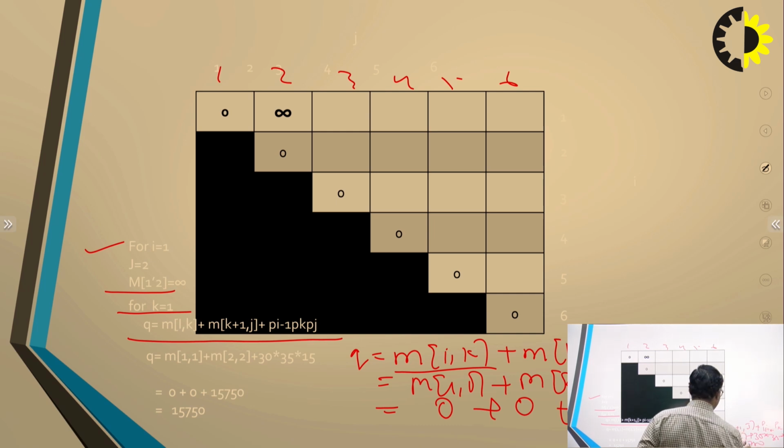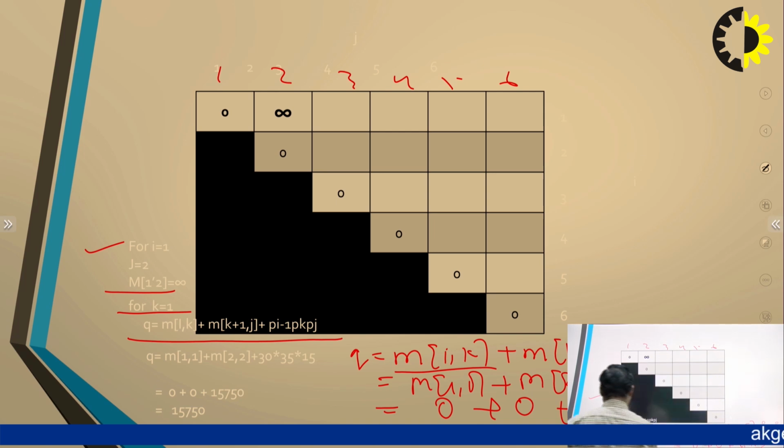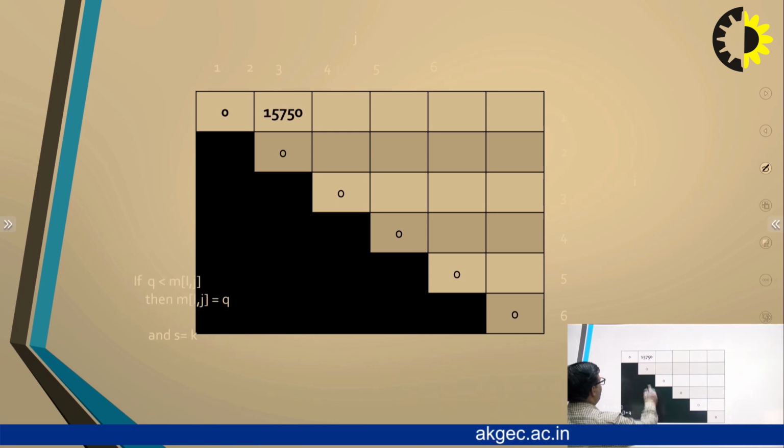If we compare 15750 with infinity, then obviously it will be the minimum. Then here we will consider the minimum value 15750. Got it?